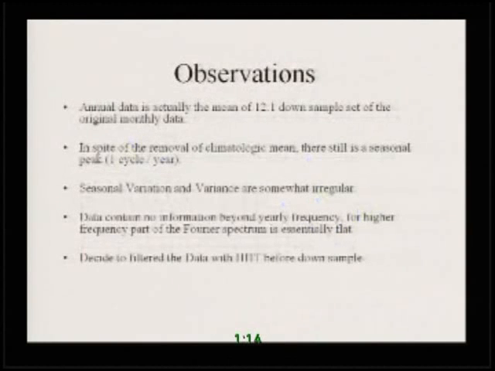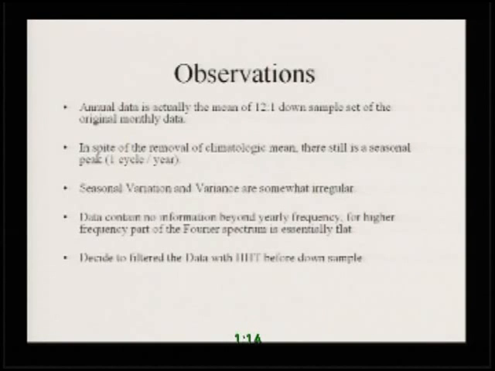So I decided that the annual data is actually a 12 to 1 downsample. In spite of the removal of the climate data, there's still a seasonal peak, that's 1 cycle per year. Seasonal variations are somewhat irregular, and the data contains no information before the yearly cycle.